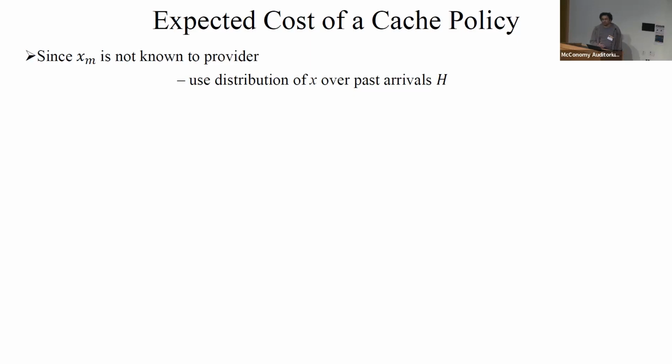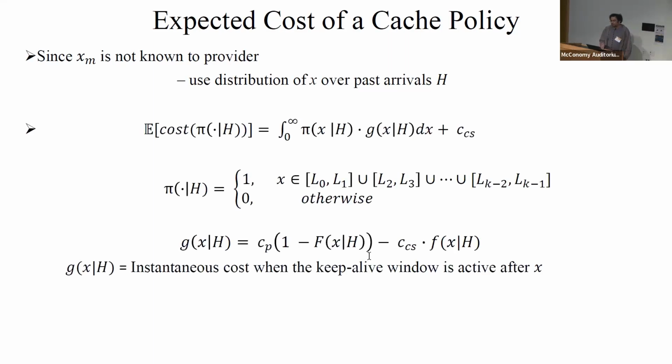So with this, we derive an expression for the expected cost of a cache policy. And the expected cost of a cache policy is given by the expression integral 0 to infinity of pi times g of x dx plus CCS, where pi is the keep alive cache policy represented as an indicator function.